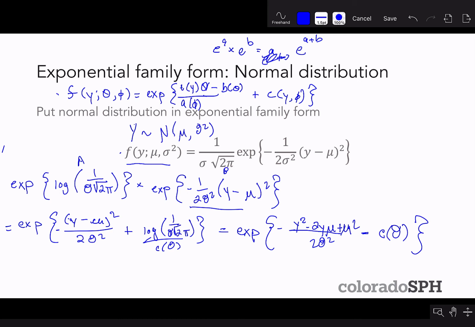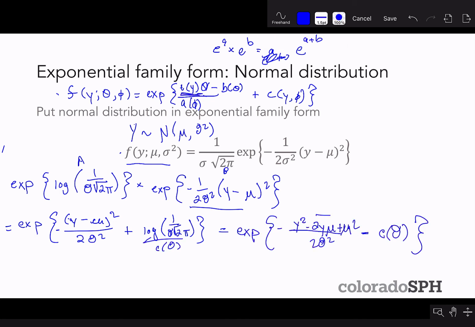But okay, so now this is starting to look a little bit more like our exponential family form, where we have this 2 times y and mu, which kind of looks like this t of y theta up here. But, oh, that's interesting, it changes color.